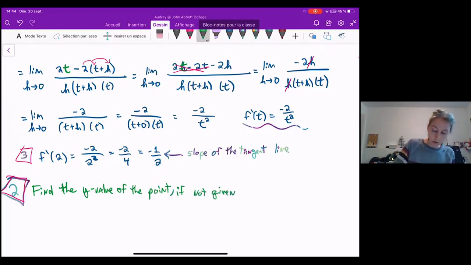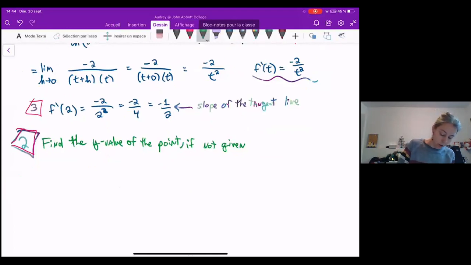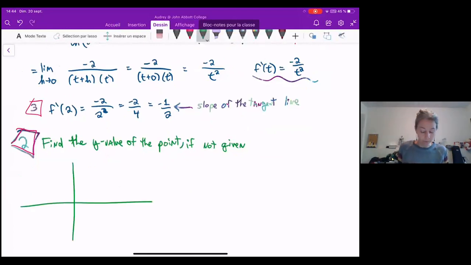So here, what I'm told is that I have the function 2 over t. So 2 over t is going to look something like this, where I'm told that I'm looking for the equation of the tangent line at 2.